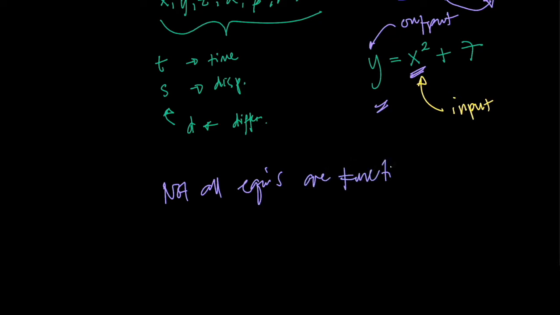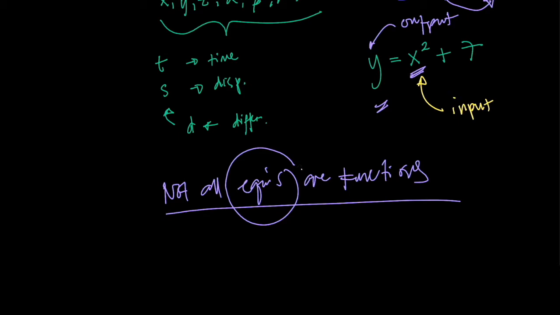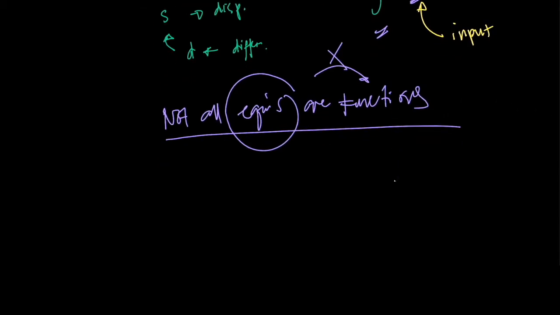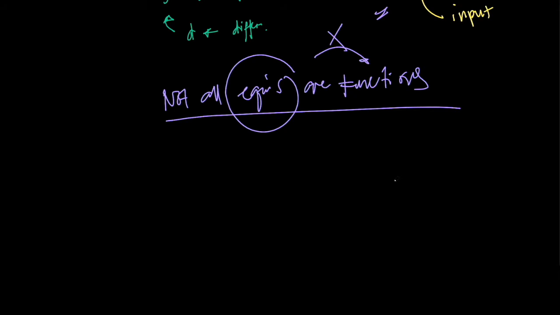We can represent functions in equation form, but not all equations represent a function. In our next video, we will learn more on how to determine if a specific equation really represents a function or not.